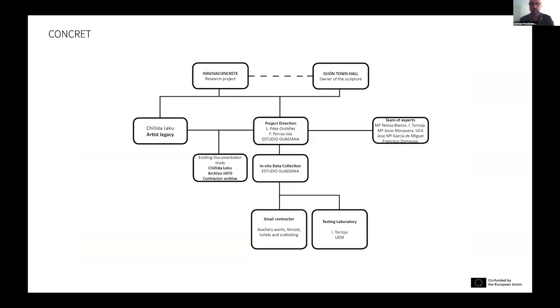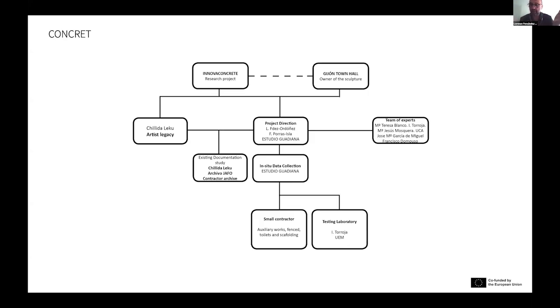Okay, so what we did here, one of the main problems when you deal with this kind of work is that these sculptures are landmarks and are protected, and you need permission, and you have to let the people understand what you are going to do. So first of all, we have to talk with the city hall and make them understand what we wanted to do.